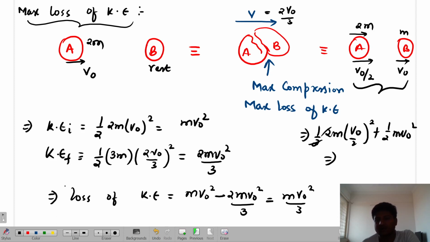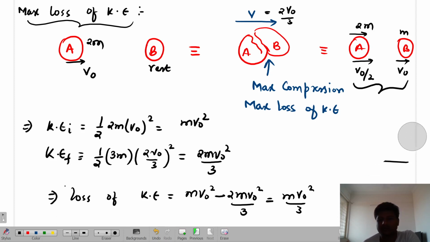So mv naught square by 4. No, it will not come. So that is not coming. Okay or not? So the maximum loss is only going to happen at the point of deformation. Yes, that was the correct statement which we had predicted. Are you able to get me or not? Is that clear?